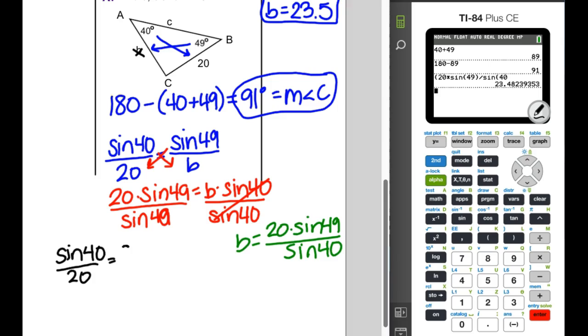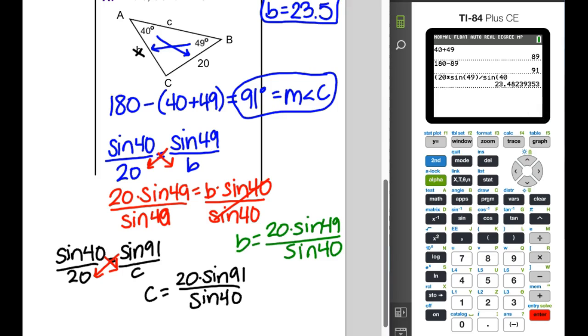And then we can use the sine of 91 over C. Doing a shortcut, once I cross multiply and divide, I'm going to end up getting that C is equal to 20 times the sine of 91 divided by the sine of 40.